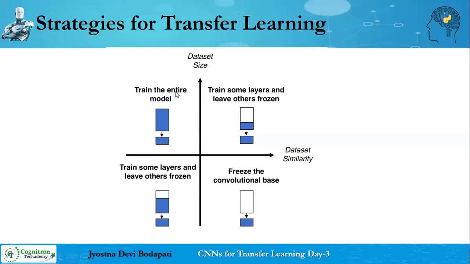So in that case, you are in this portion. And consider the other case where your dataset similarity is very high and your dataset size is also very high. When these two are true, then you are in this coordinate. Then what you should do in that case, you train some of the layers and leave others to be frozen. So that is how you need to consider.